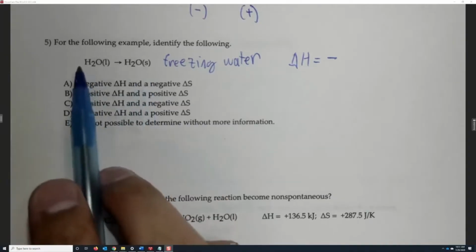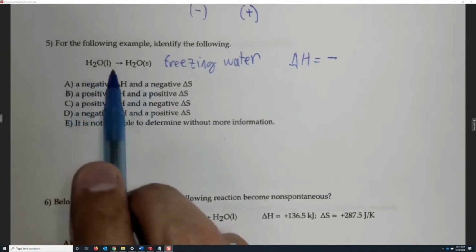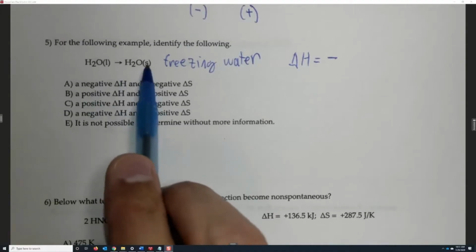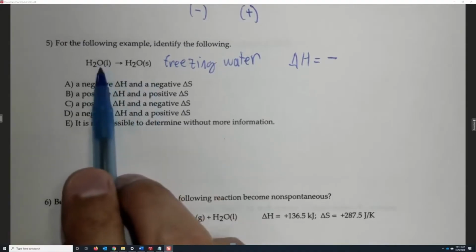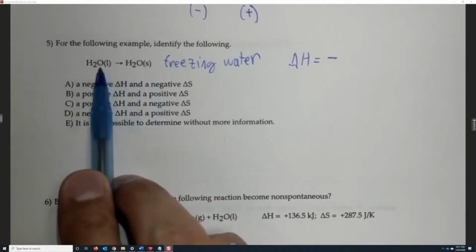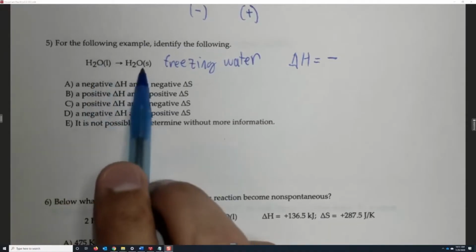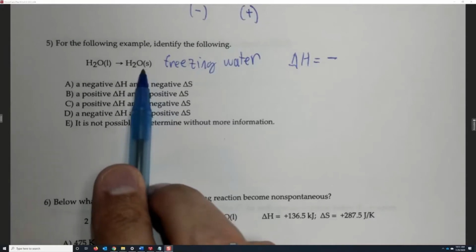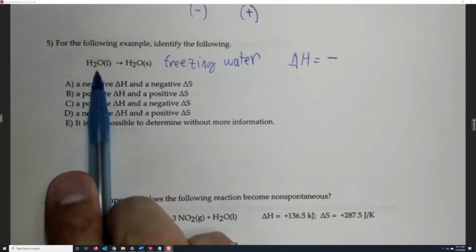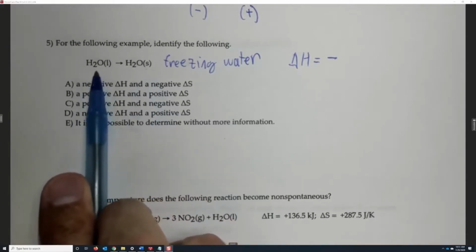What about delta S? Here we have a liquid and here we have a solid. We consider the liquid as having more freedom, being less ordered than the solid. So the solid has less freedom and is more ordered. The liquid has more freedom and is less ordered.